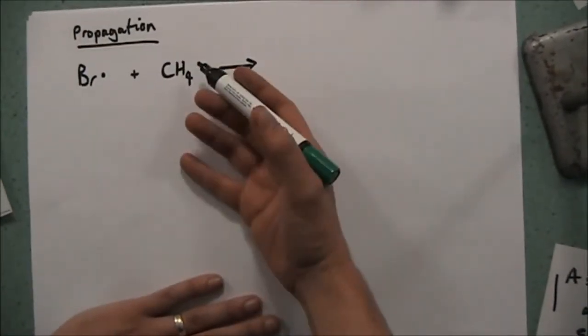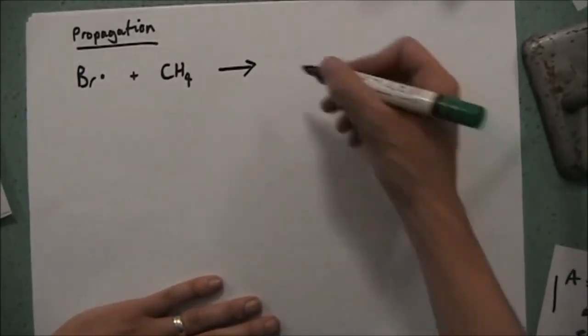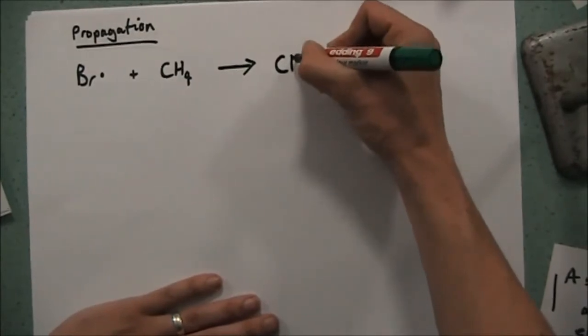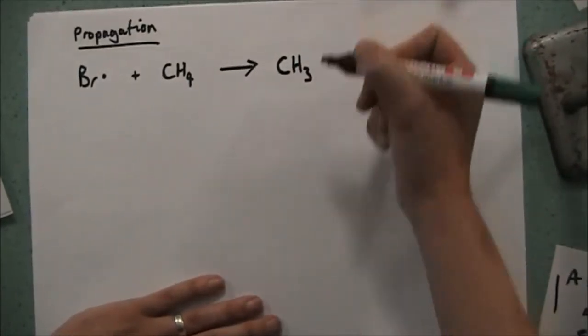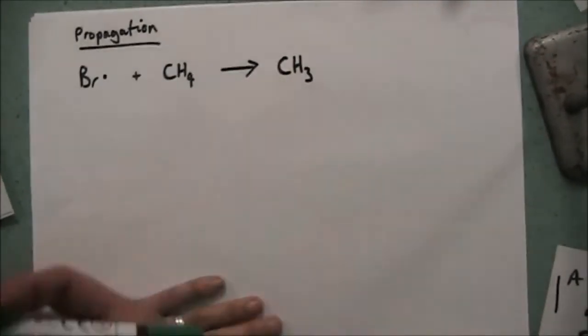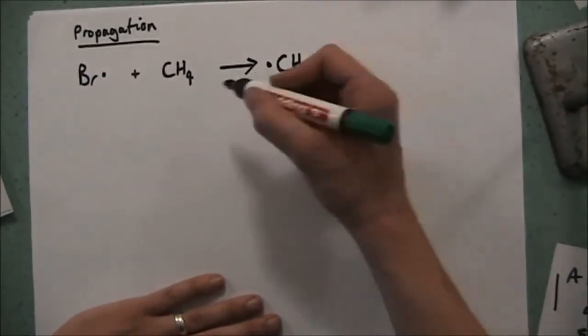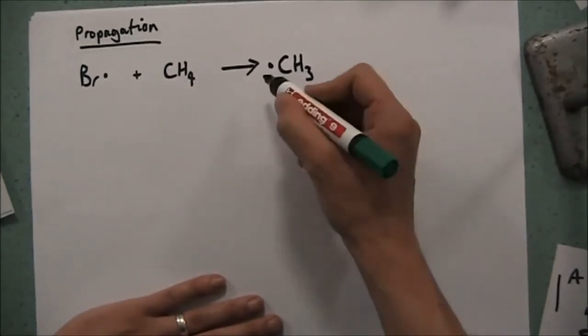Your CH4 is going to lose one of its hydrogens. We're going to end up with one of the hydrogens literally being ripped off, and that's going to leave the CH4 as a CH3 radical.